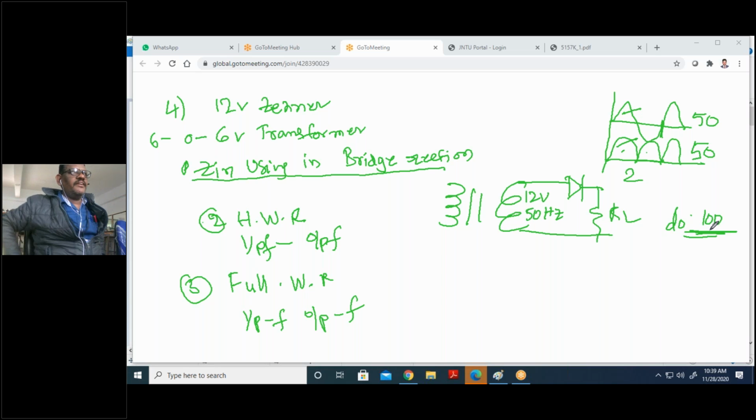Next we will conduct clipping, clamping circuits, then FET characteristics, SCR characteristics, UJT characteristics. Okay, any doubts, please share in our class. No problem. We will ask a number of questions. He will go to a high position.